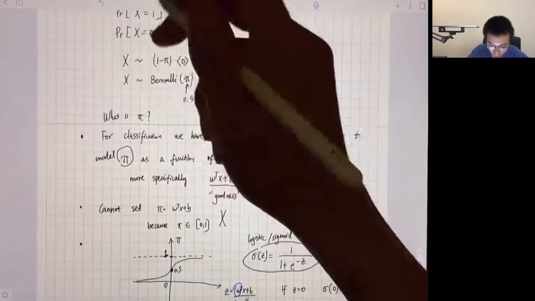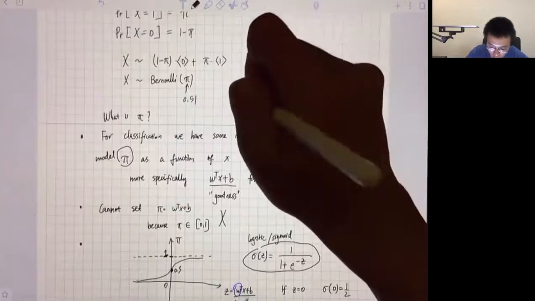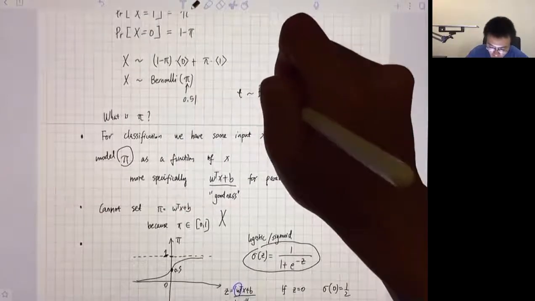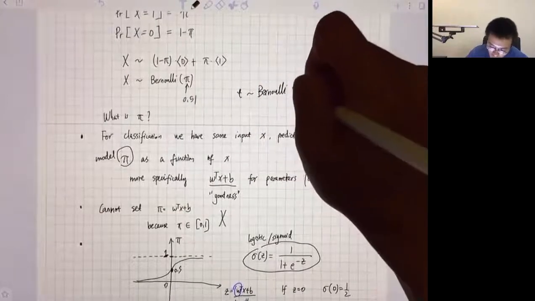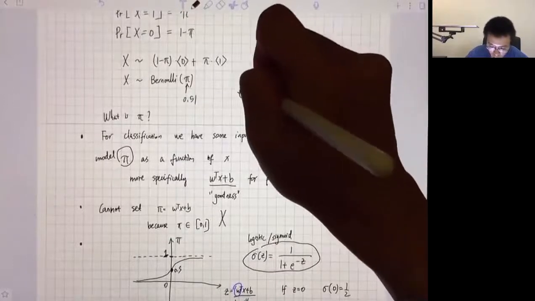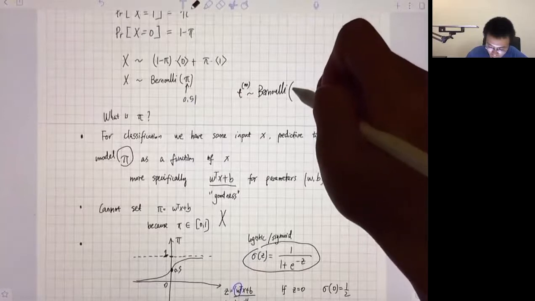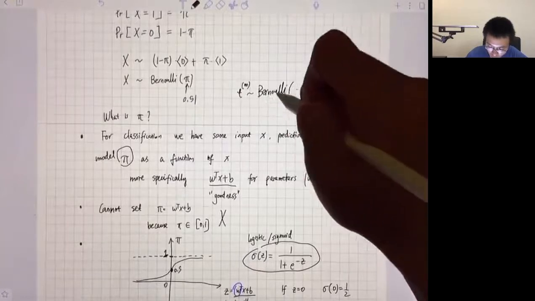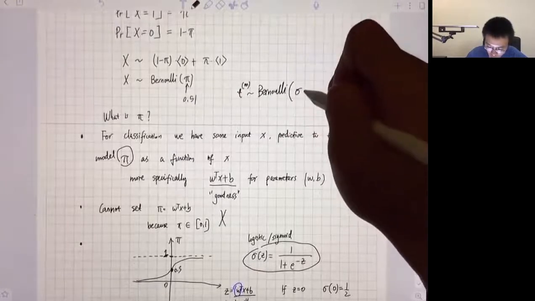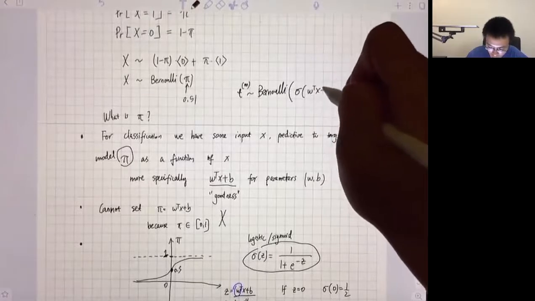I'm saying t is actually a Bernoulli distribution for some data sample m, where the parameter of the Bernoulli distribution is the sigmoid of w transpose x plus b.